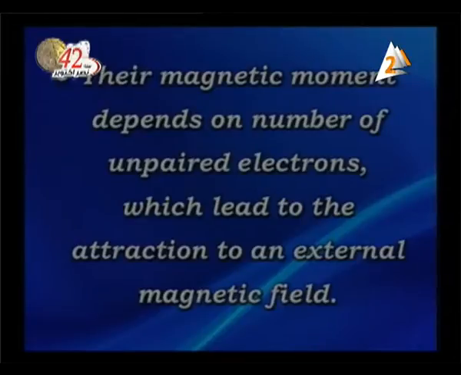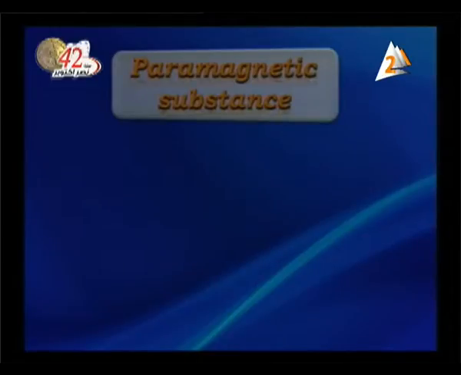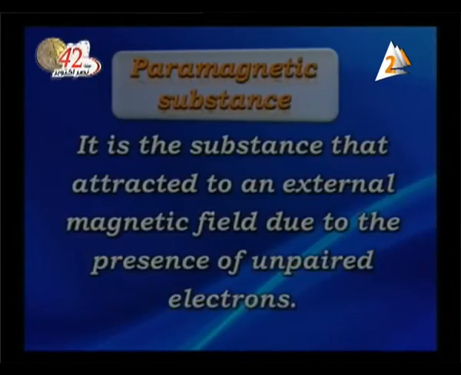Their magnetic moment depends on the number of unpaired electrons, which leads to the attraction to an external magnetic field. The paramagnetic substance can be defined as the substance that is attracted to an external magnetic field due to the presence of unpaired electrons.